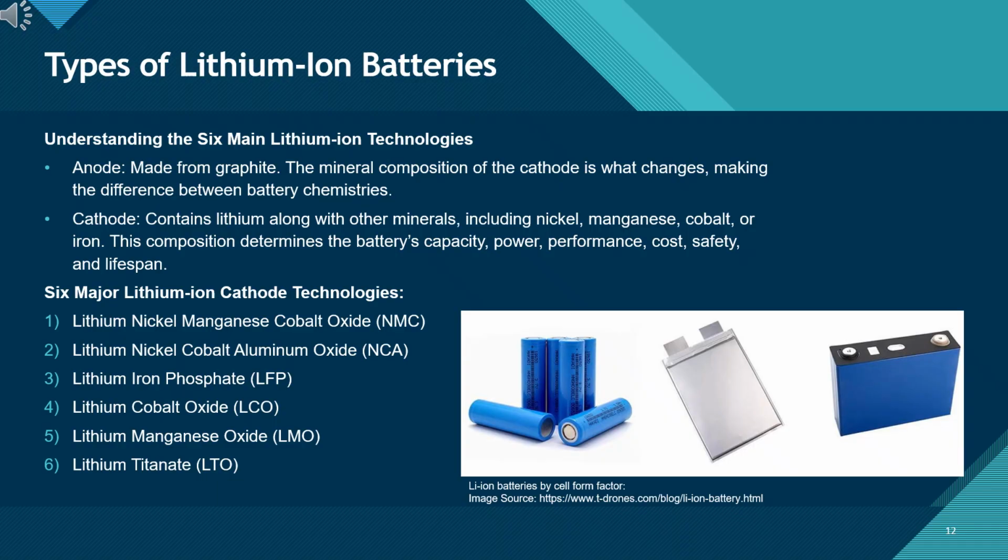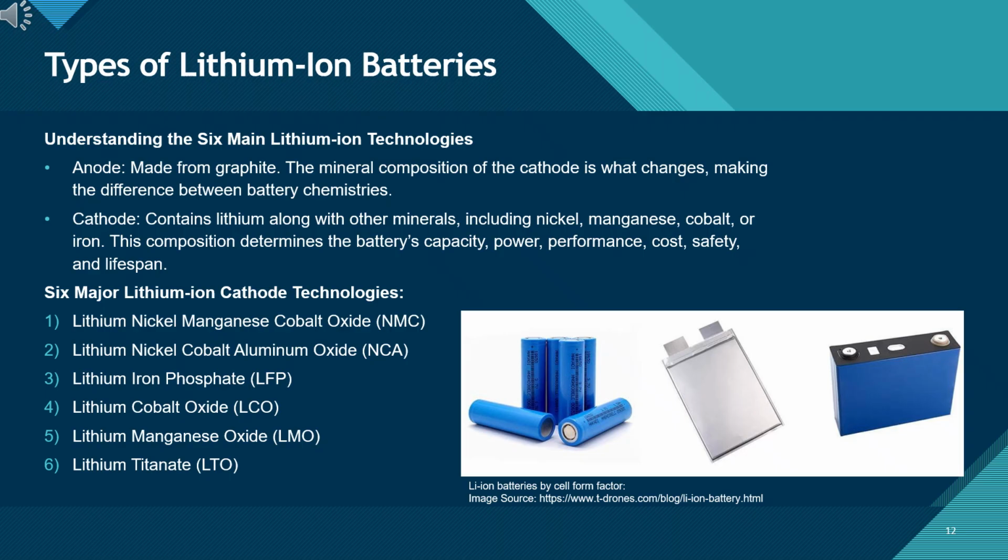Types of lithium-ion batteries. Here, we're introducing the main types of lithium-ion batteries, both in terms of chemistry and cell format. All lithium-ion batteries share the same basic design: a graphite anode, a lithium-based cathode, and a liquid electrolyte that allows ions to move. What makes each type different is the cathode composition, for example, nickel, cobalt, manganese, or iron.